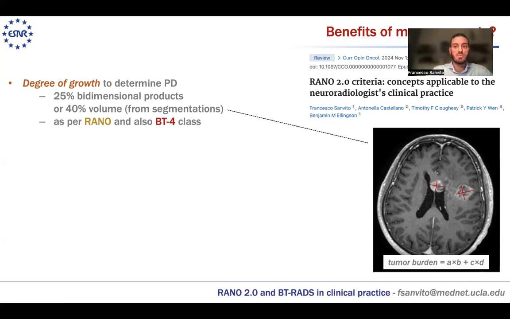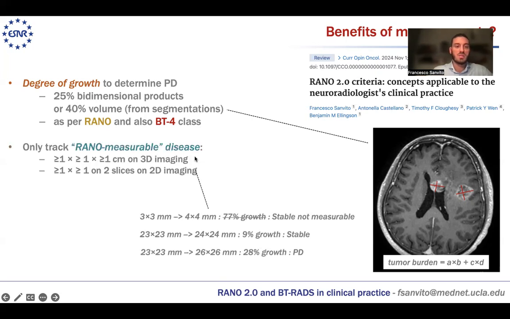Maybe it's not worth calling a progression. Again, as we said before, we should be mindful about calling progressions in these cases and really be sure about our decisions. And yes, it's a RANO concept to measure, but we saw also that the BT4 class has that 25% threshold. So it's not a foreign concept to BT-RADS either.